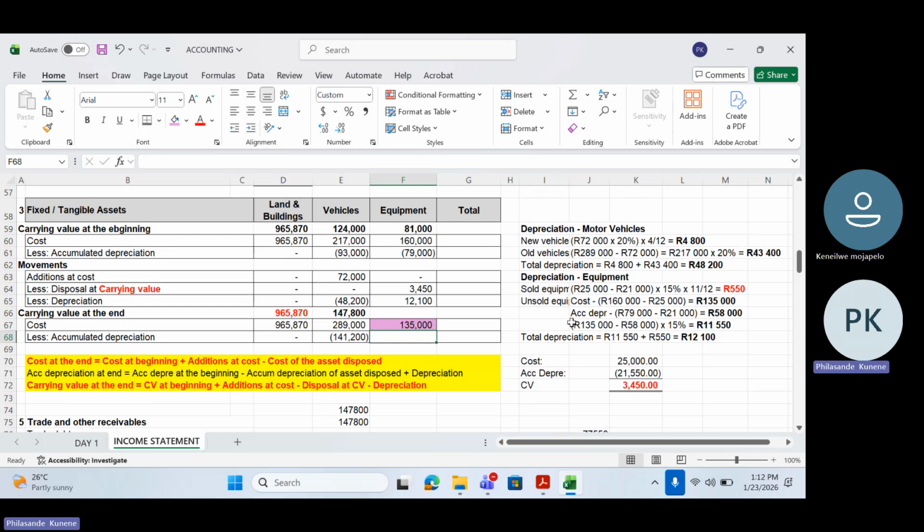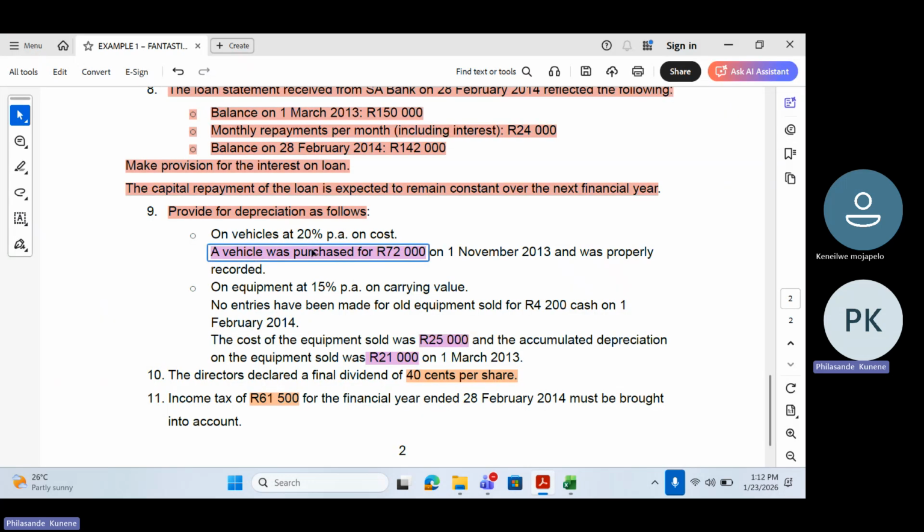Exactly. You're going to get it without the formula. You see how the formula is helpful there? But also, because we said no entries have been made, you knew very well that this 25,000 was not removed from that one.